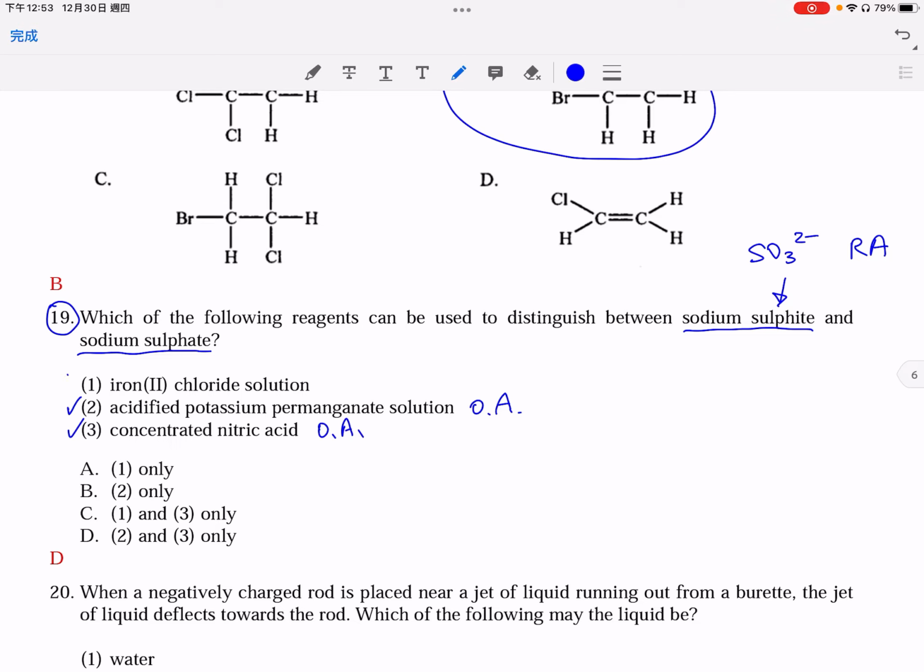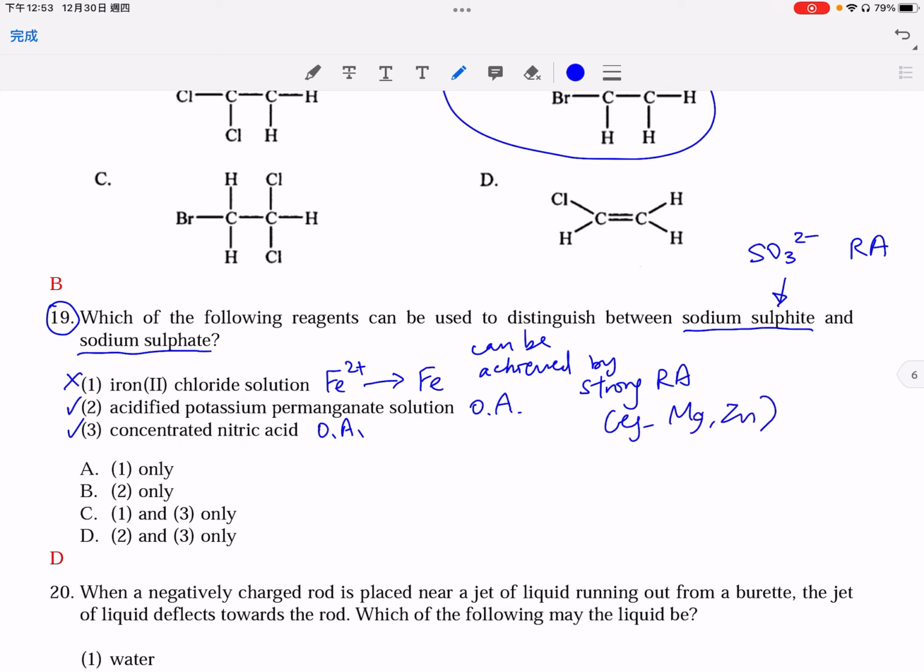You need to know that option 1 is incorrect because iron 2, although it can be reduced to iron, this reduction can be achieved by very strong reducing agents only. For example, magnesium and zinc and so on.